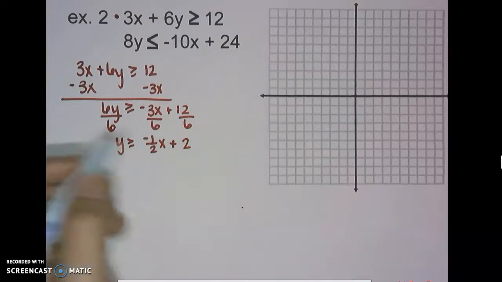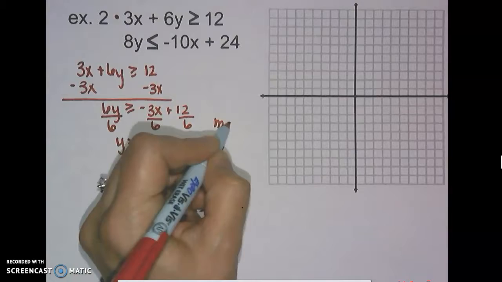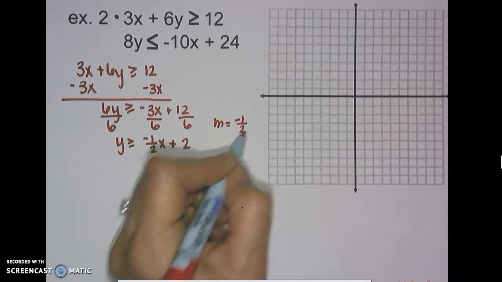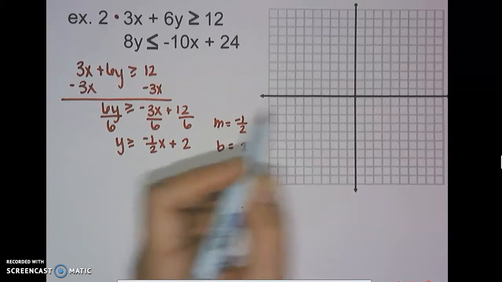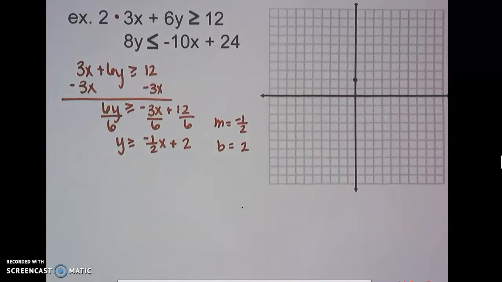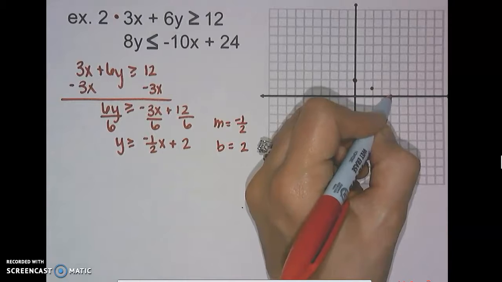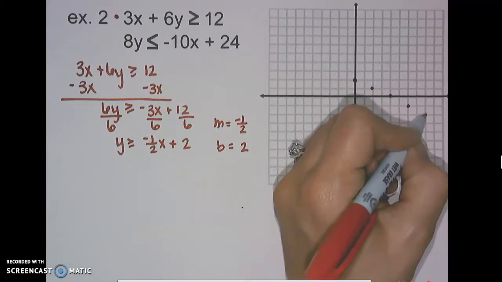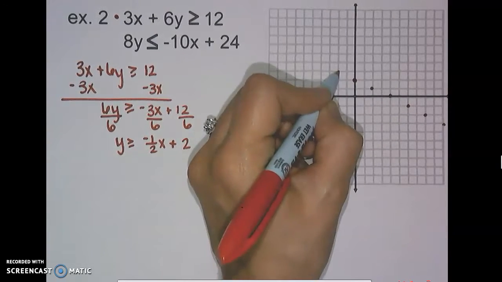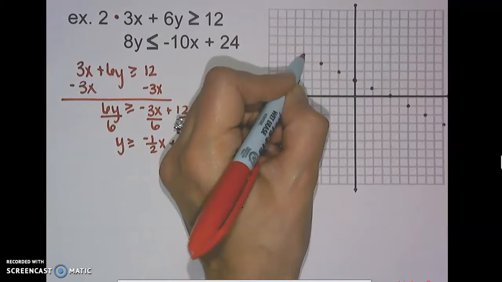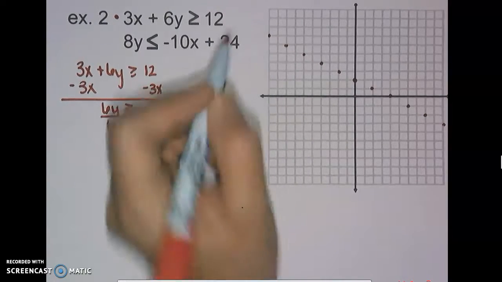Alright, so we're going to have our m for this is negative 1/2, and our b is a positive 2. So we're beginning with b, and then we're going to count that slope. Since it's negative, remember it should look like it's going downhill. You can kind of make as many points as you want along the way.